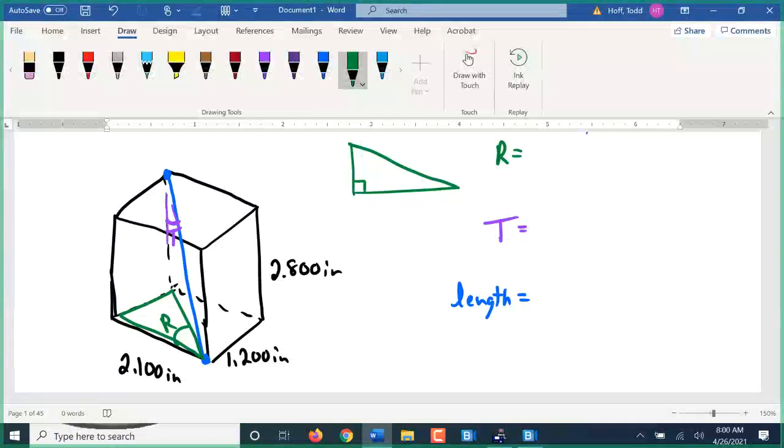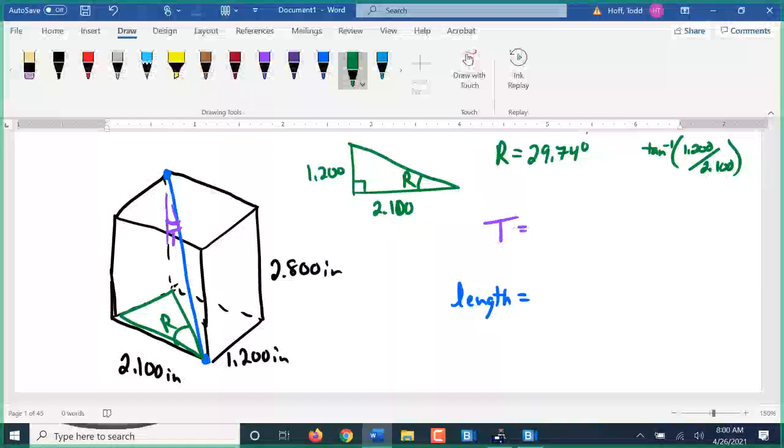Find R if we look at that triangle on bottom. This is 1.2, 2.1. R is going to be found by doing tangent of the 1.2 over the 2. That gives us for R 9.74 degrees.